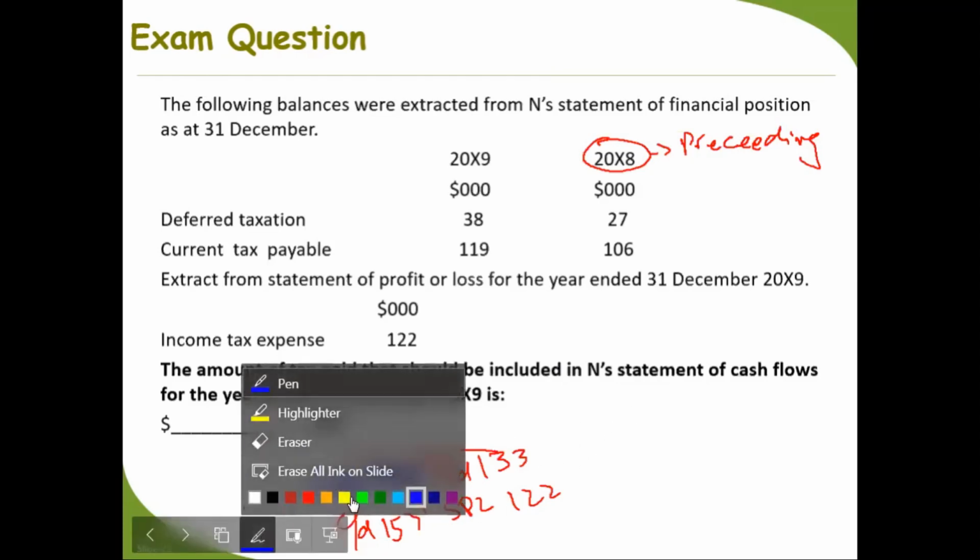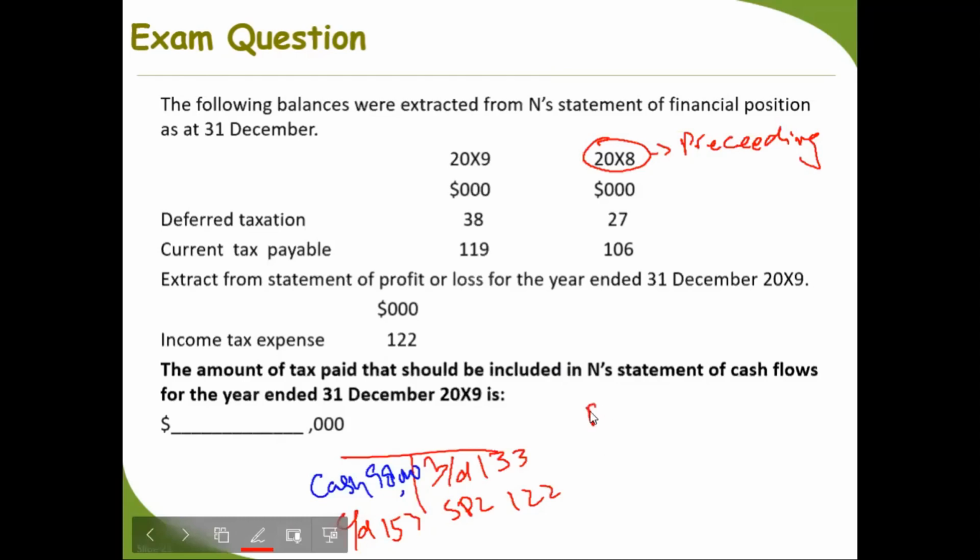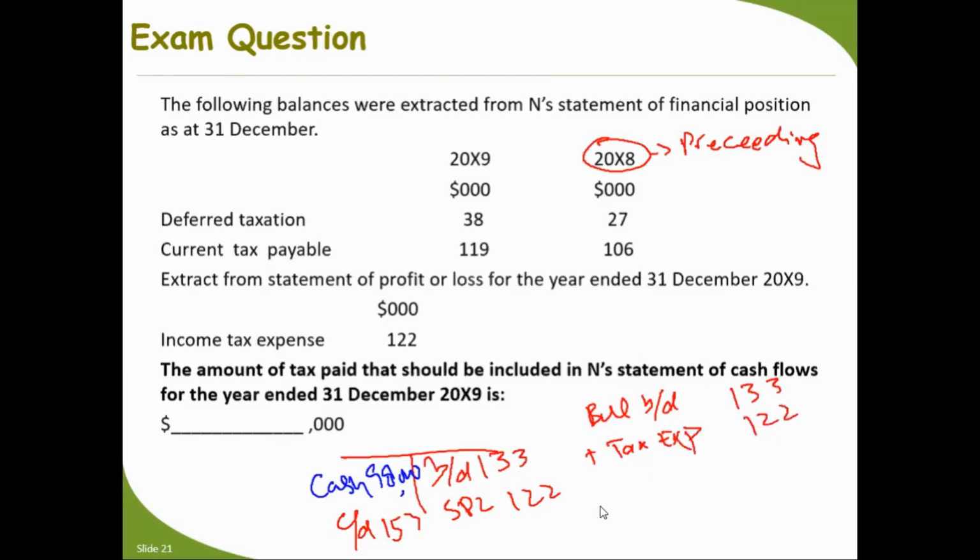or we can use pro forma. For that purpose, balance brought down, which is sum of both, 133 plus tax expense, which is in SPL, 122 minus balance carried on, which is closing balance, which is sum of these two, 157.